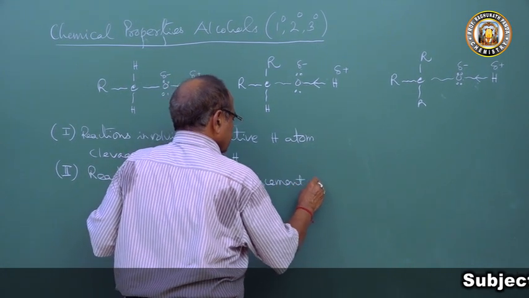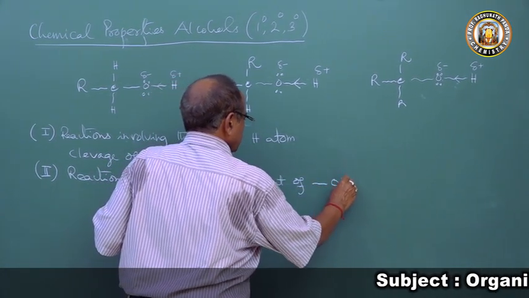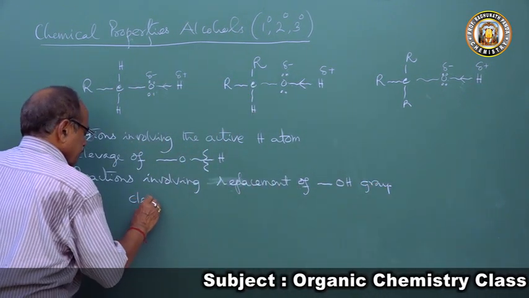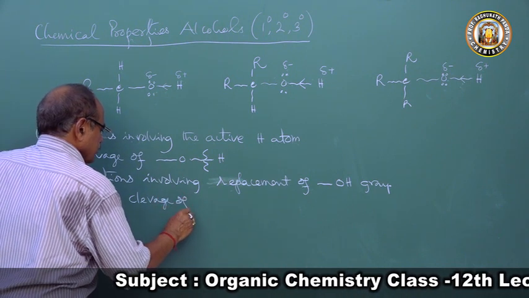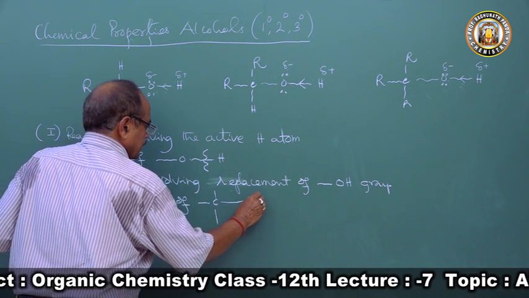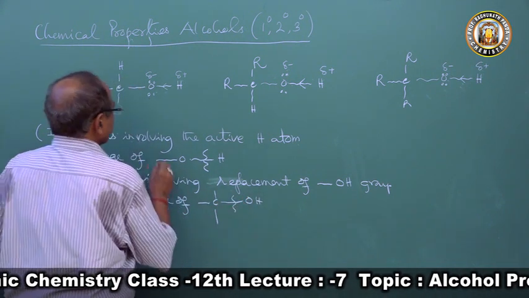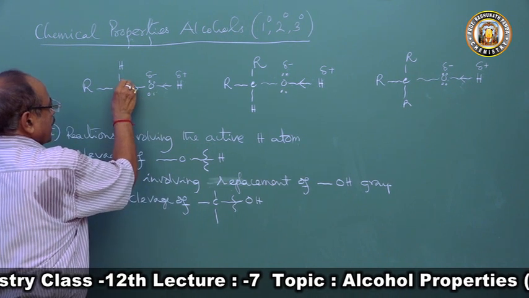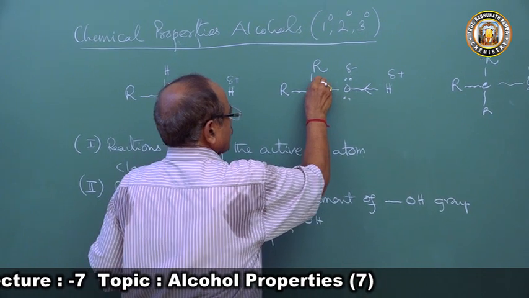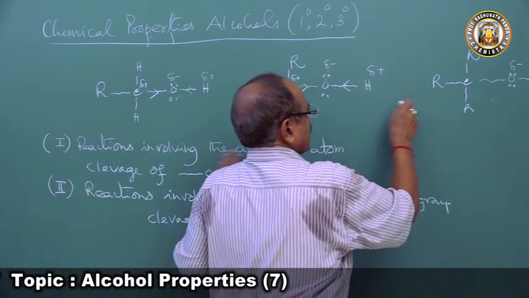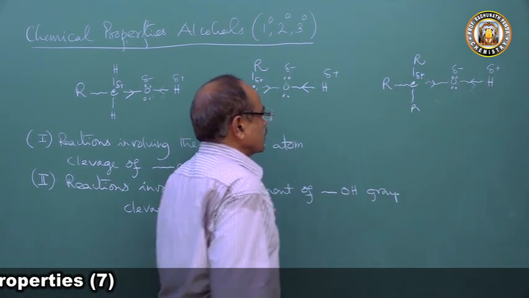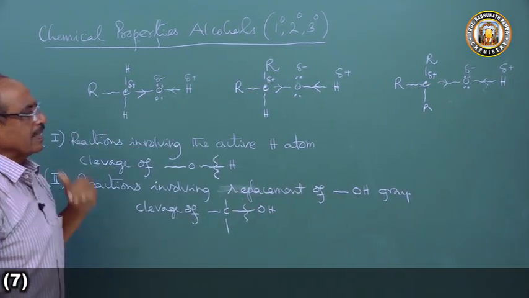Here that is the cleavage of the CO bond. This bond undergoes cleavage. What happens here? Drift of electrons takes place, the carbon atom has delta positive charge, and oxygen delta negative. Here also, drift of electrons, delta positive, delta negative, and here also delta positive. So all these three alcohols have carbonium character.